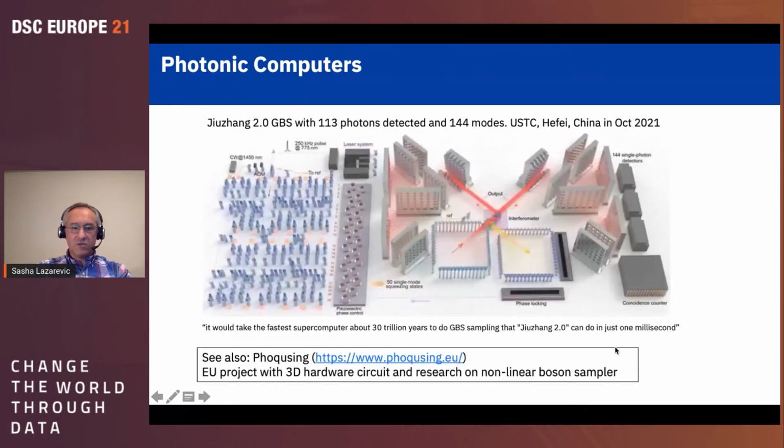So this is the world champion coming from China. As you remember, they announced quantum supremacy at the end of last year with their photonic computer. It was just last month that they announced a new version of that computer, Zhejiang 2.0. Last time it was 73 photons detected. Now they have increased this with the new version of the computer to 113 photons.